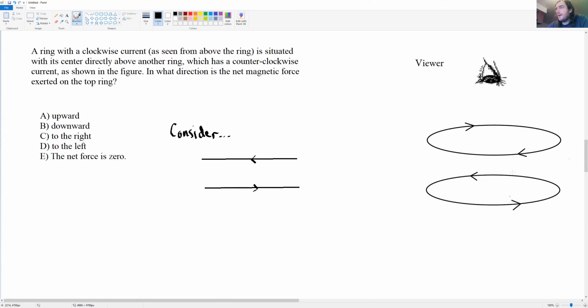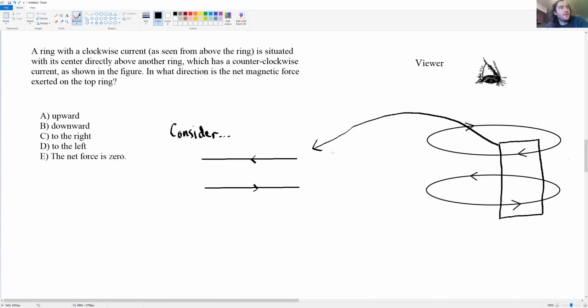I look at the diagram over here on the side and I see maybe right here, if I just highlight this region right here, we can see that that's kind of the same as this here. We have current going to the left at the top and current going to the right at the bottom. So if we can figure out the answer to this question here, we can figure out the answer to the question at hand.